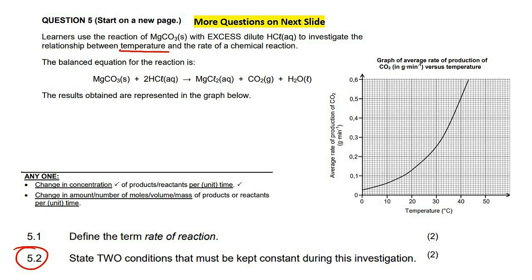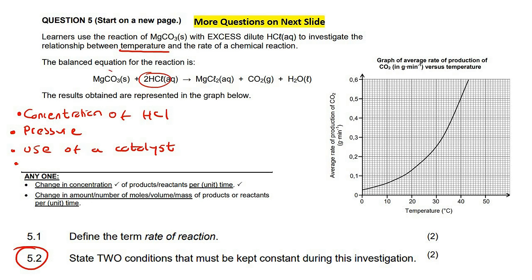That's the only variable we're going to change. So the other variables, such as the concentration of your hydrochloric acid, need to remain constant. The pressure, for example, and the use of a catalyst, we don't change that. And then the nature of the solid, because remember this is a solid, so you could either have it as a big piece or as a little bit of a powder.